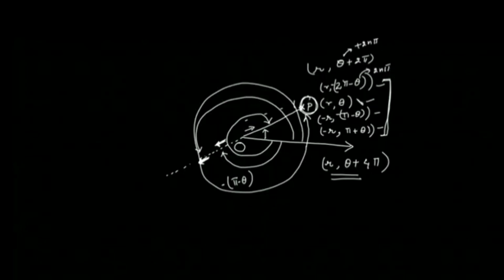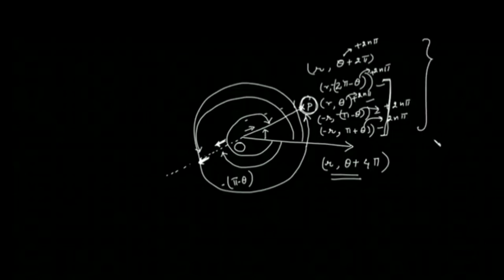In every representation we can add 2n pi. So these are infinitely many representations of a single point.